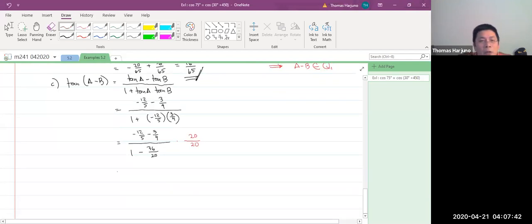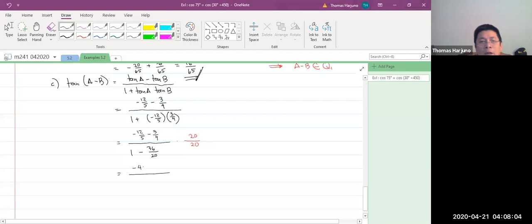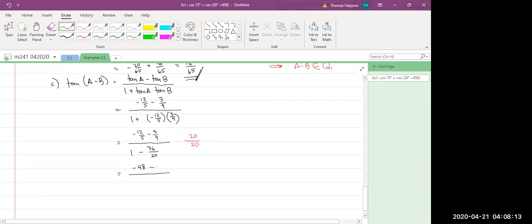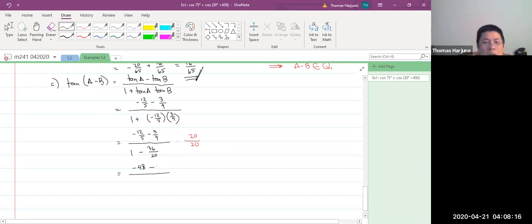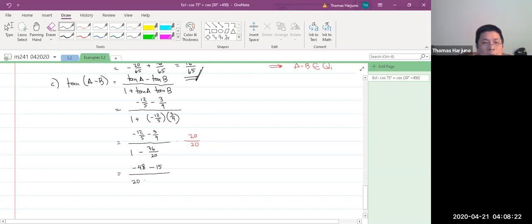We will get on the top left, what's that? 20 divided by 5 is 4, multiplied by negative 12 is negative 48, minus 20 divided by 4 is 5, multiplied by negative 3 gives negative 15. 1 times 20 is 20, and 36 over 20 times 20 is 36.